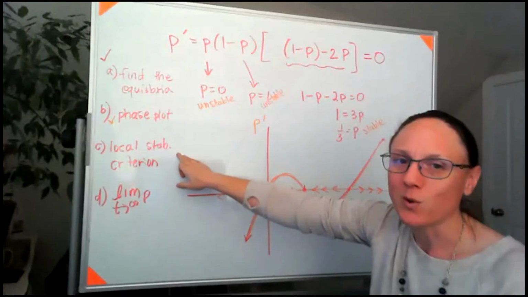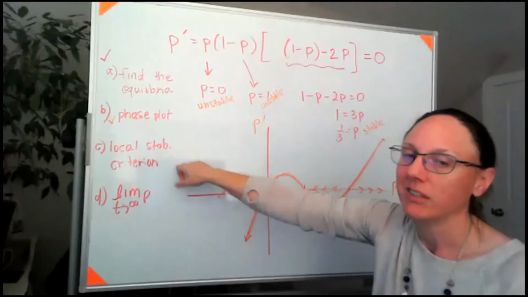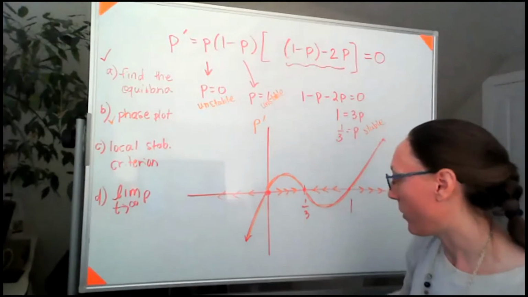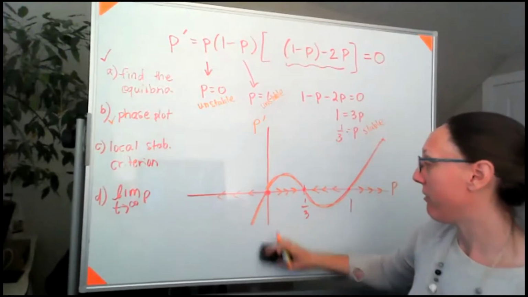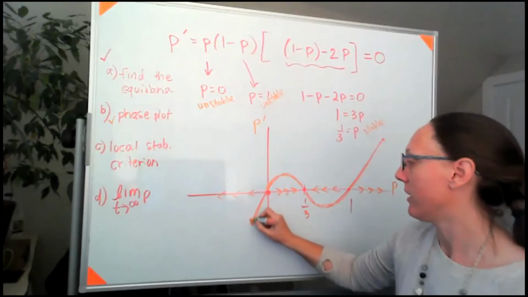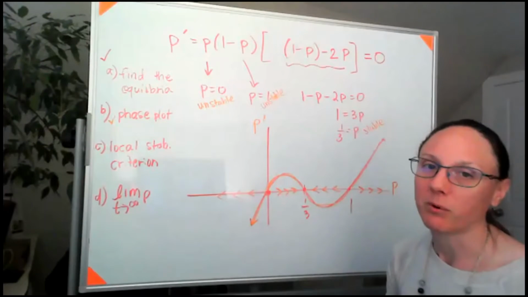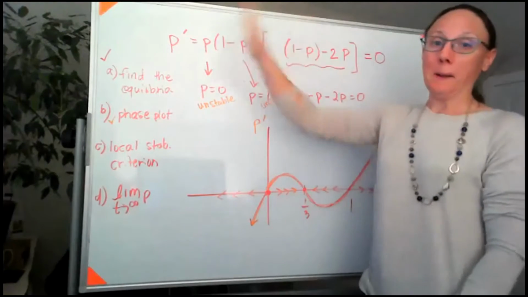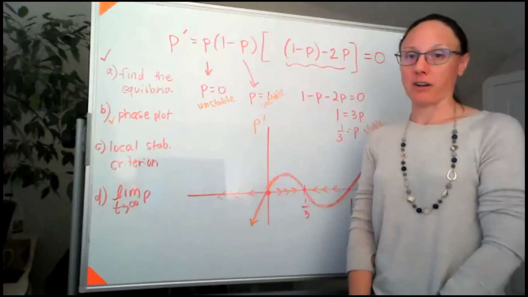But what about the local stability criterion? That's the one where we're going to end up taking the derivative of our function and plugging the equilibria into it. Well, I don't know about you, but I do not want to do a triple product rule.